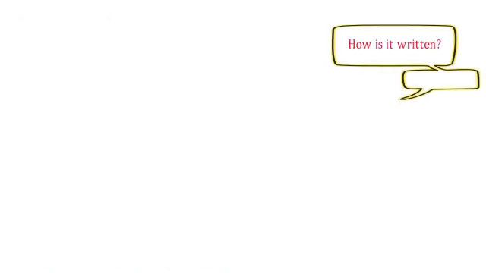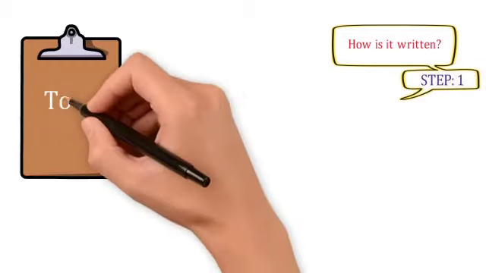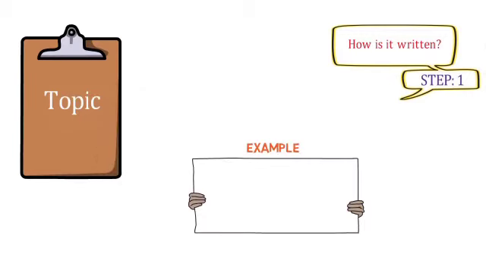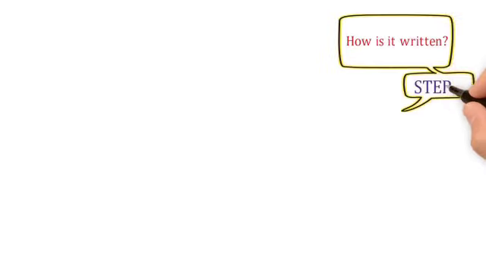We are now going to look at 5 basic steps of persuasive writing, and together we will apply them to an example. Step 1. Decide your topic. Let's say, as an example, I want to persuade people to save water. Step 2.